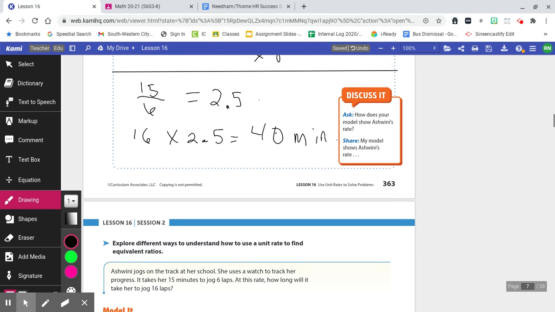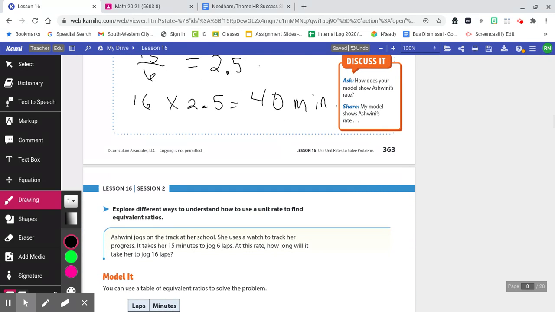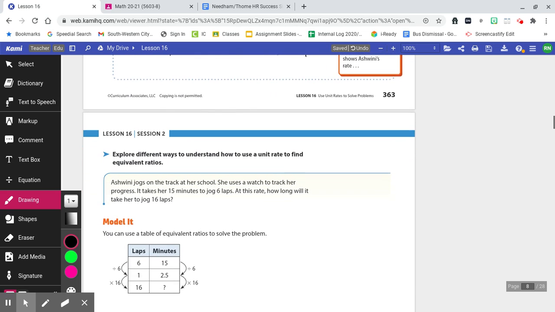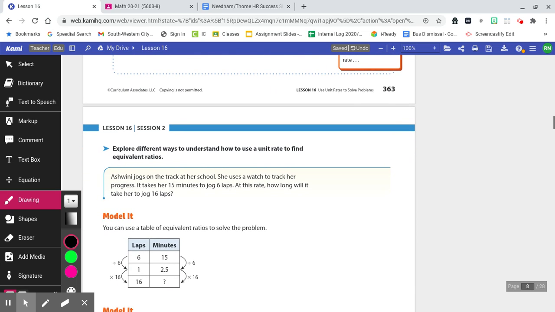Let's go ahead and look at the way they modeled it. You could use a table, which is similar to the double number line, where they did 6 laps, and they did this to find equivalent ratios. 6 laps, if I divide them both by 6, I get 1 lap in 2.5 minutes. So therefore, 16 laps is going to be 16 times 2.5.